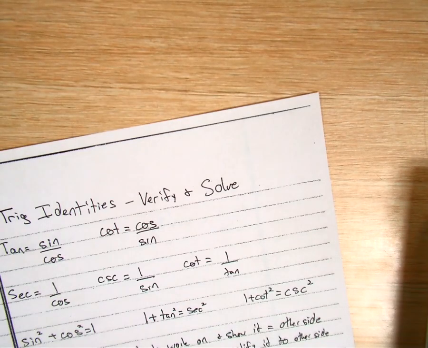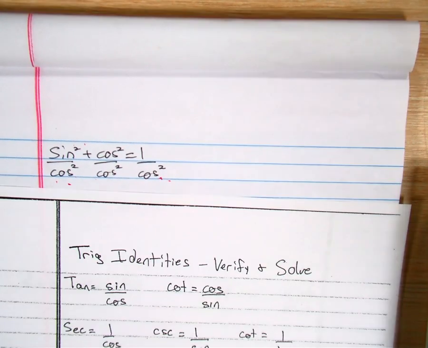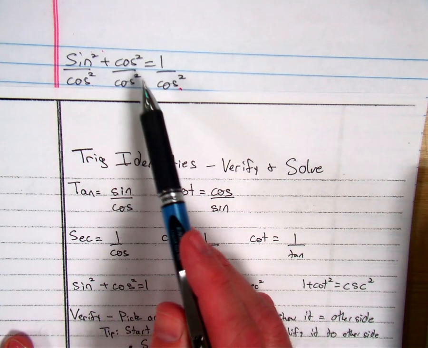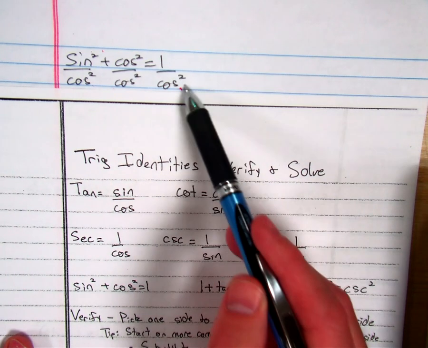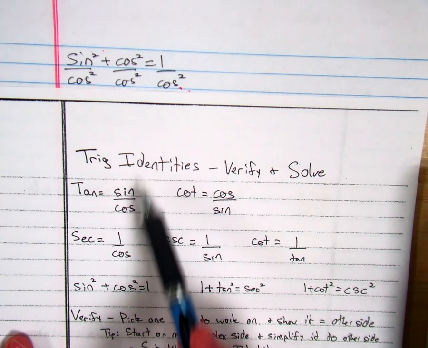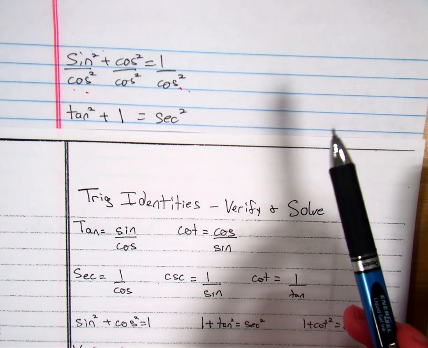Let me get the page up for you here. If I divided everything by cosine squared, sine squared over cosine squared, plus cosine squared over cosine squared, equals 1 over cosine squared. Sine over cosine is tangent, so sine squared over cosine squared is tangent squared.